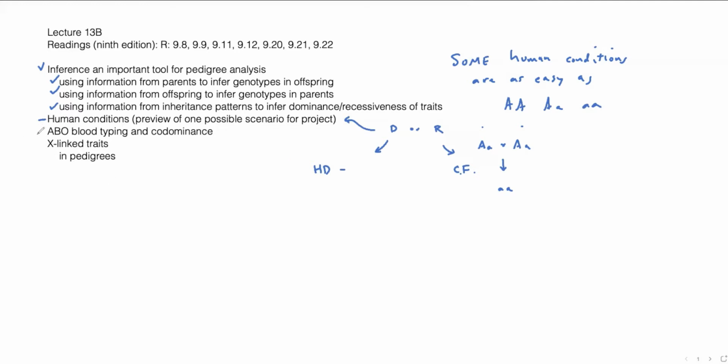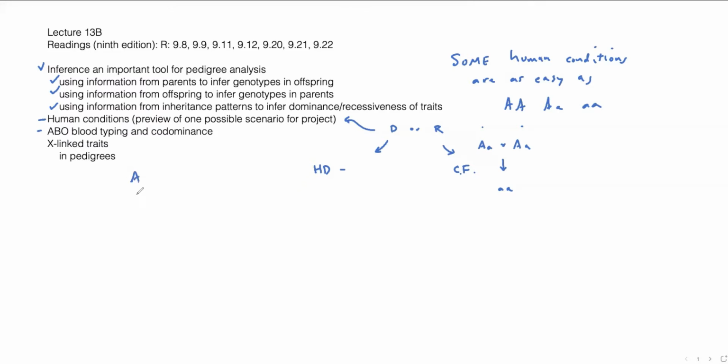Okay, so the other things on our agenda, I think these are pretty important: ABO blood typing. I do hope that you, as a future health professional or just a citizen with working knowledge about your own state of health, are aware of your own blood type. You've got the ABO blood type.